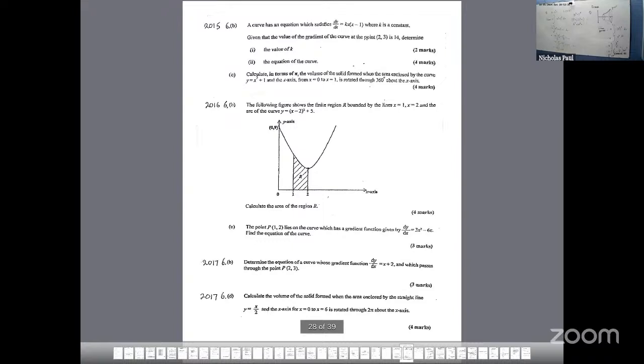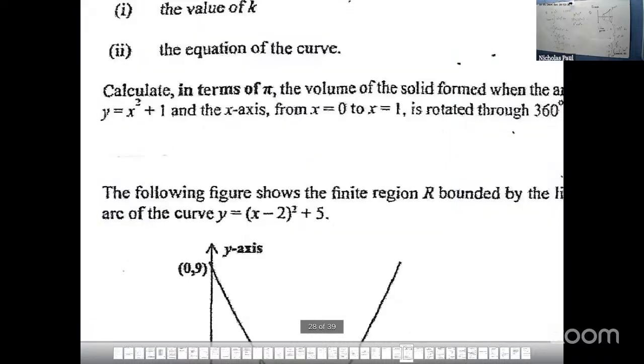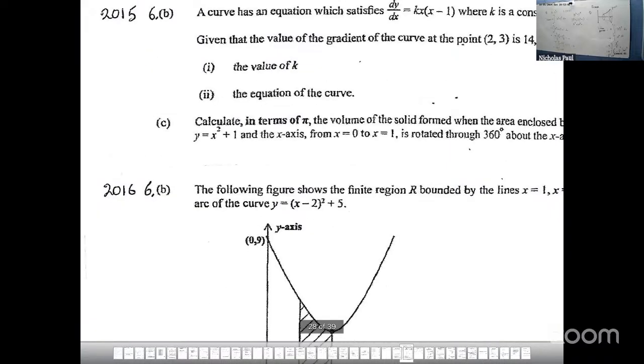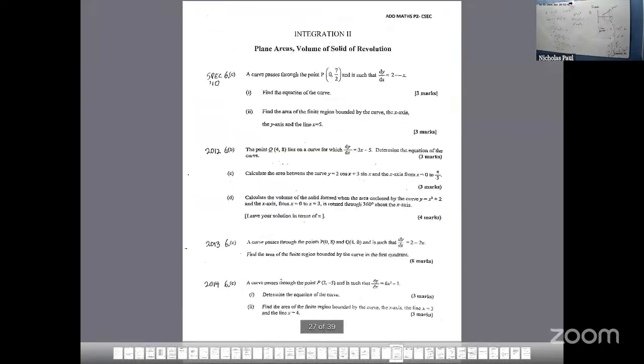All right, let's start. Let us begin with this one here, 2012, number 6, part B. We are just focusing on volume today.